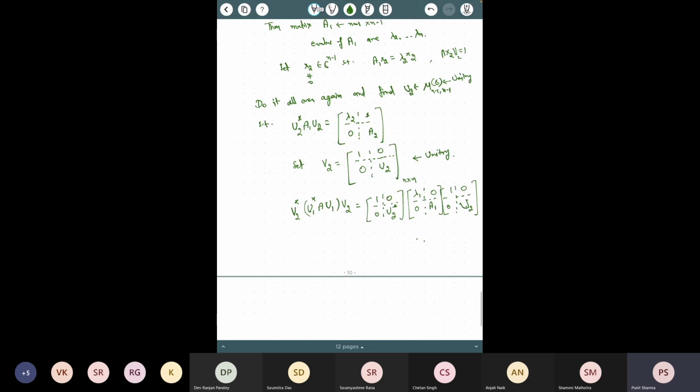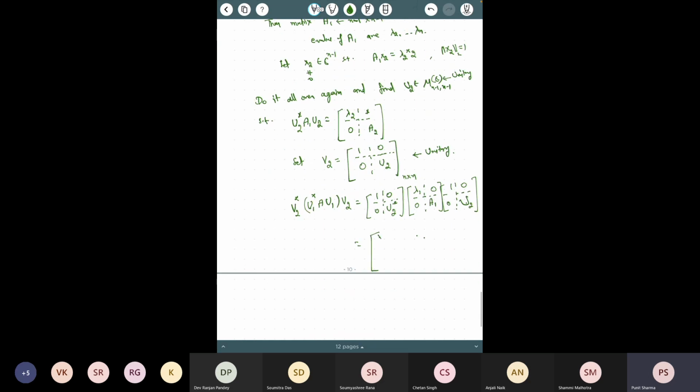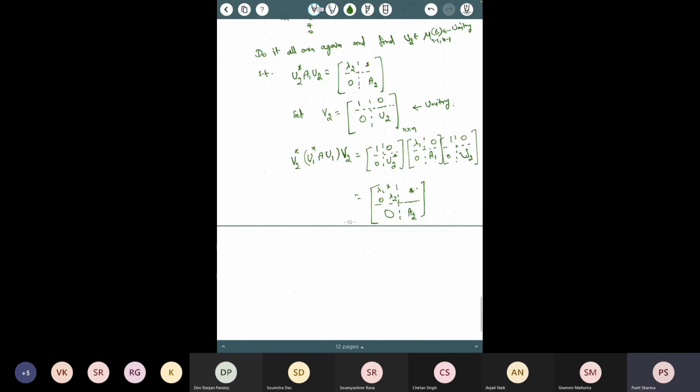If you multiply this, then what you will get? You will get lambda 1, lambda 2, and then there would be some matrix here, and this would be A2. Okay. Now you can see that you have obtained the second column in your upper triangular matrix.